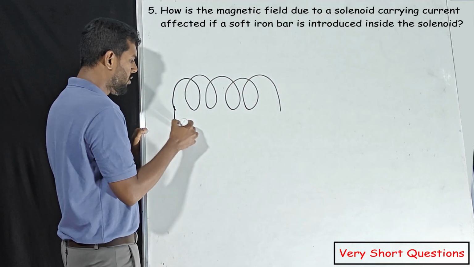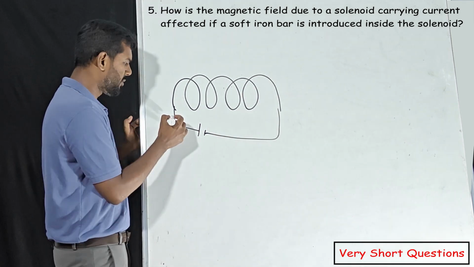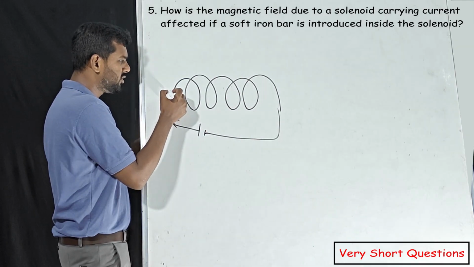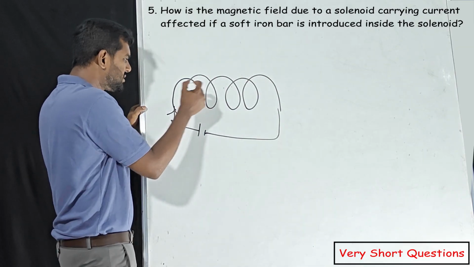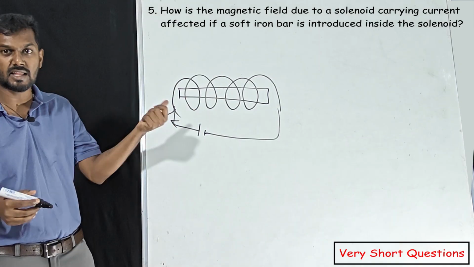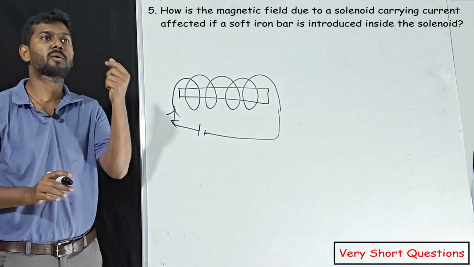Now it is carrying some current, whatever the direction, don't worry about the direction. Now inside this solenoid we know there is a huge gap, correct? Inside that they are going to introduce a soft iron. Now the question is, what happens to the magnetic field?